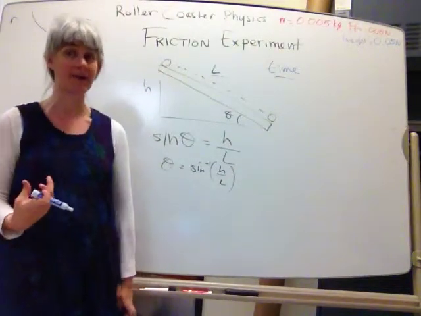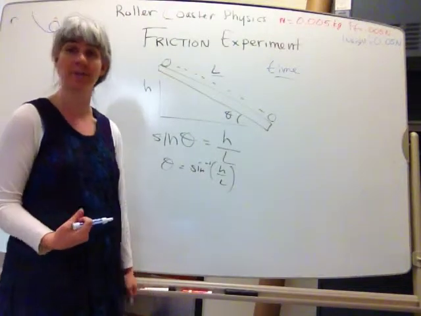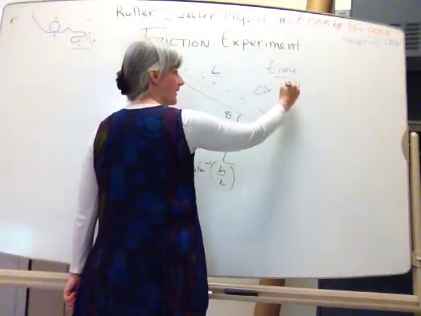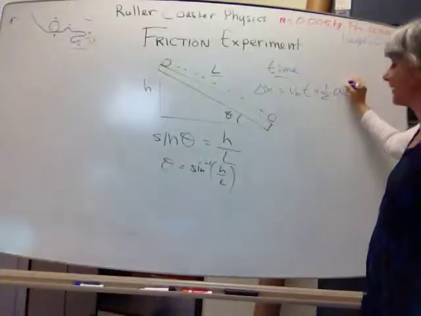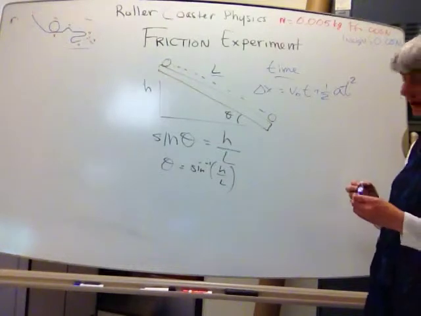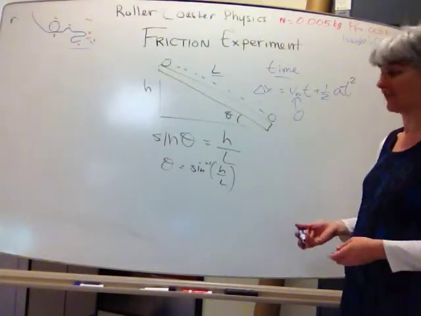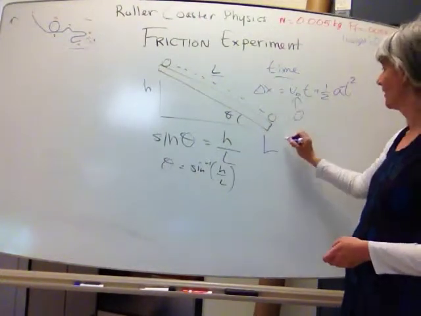We want to find that acceleration because finding that acceleration will help us find the force of friction. The equation for that is that distance equals the initial velocity times time plus 1/2 the acceleration times time squared. Since my initial velocity was 0, that makes that very easy. My distance was L, the length of the track.